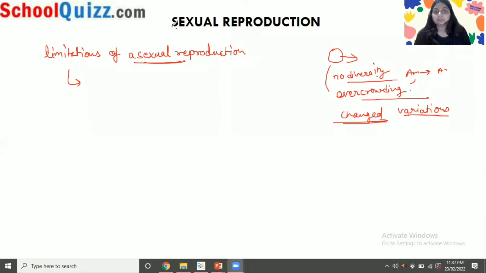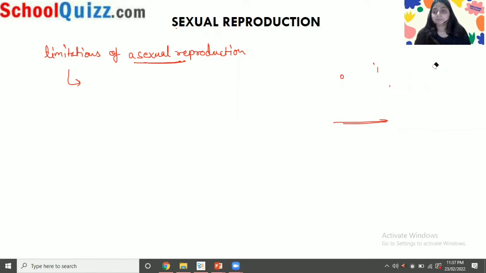So let's write point to point. Lack of diversity. Number second, overcrowding.